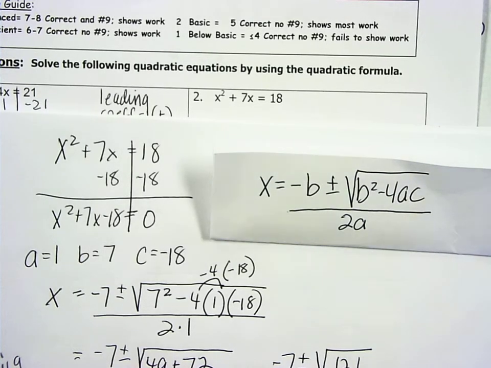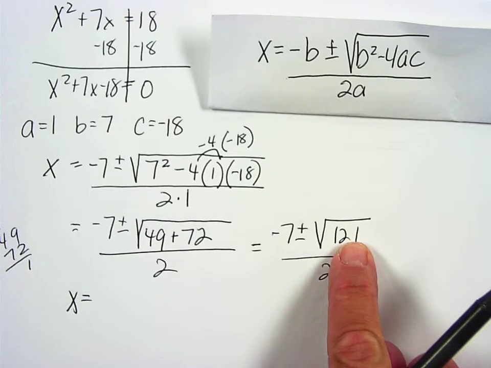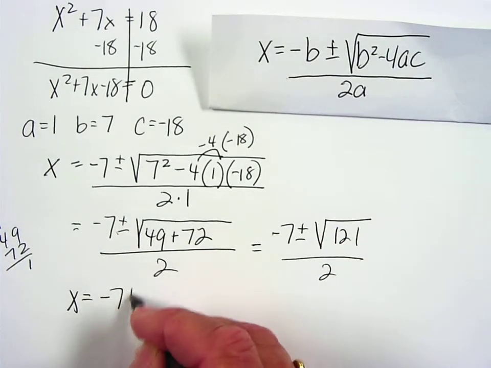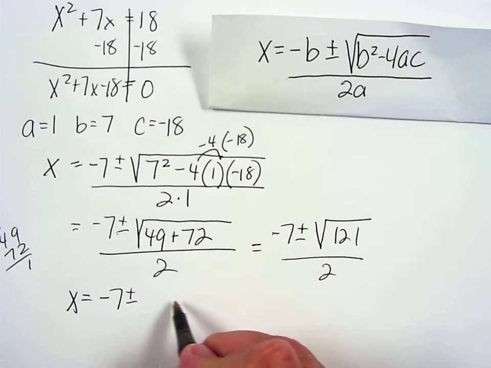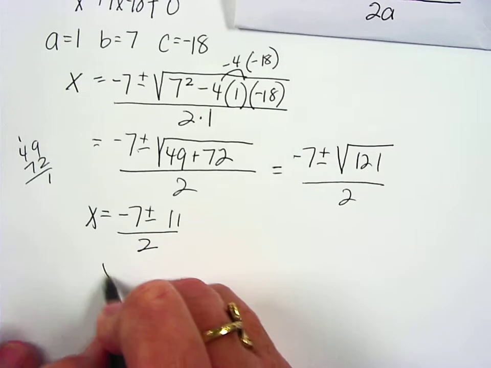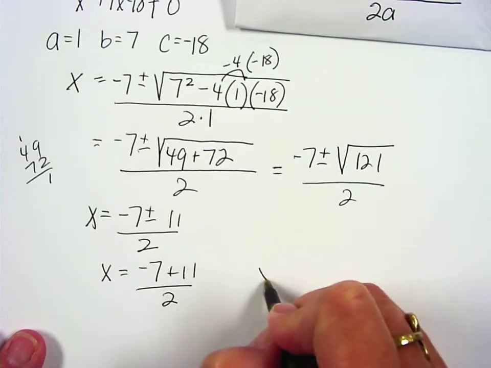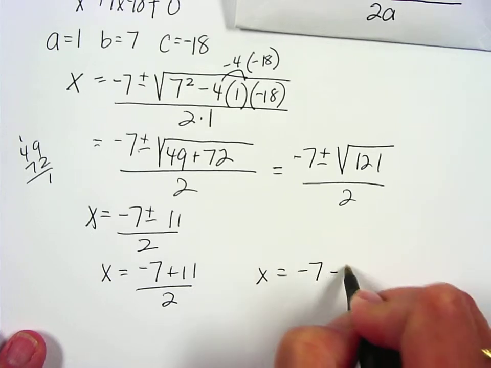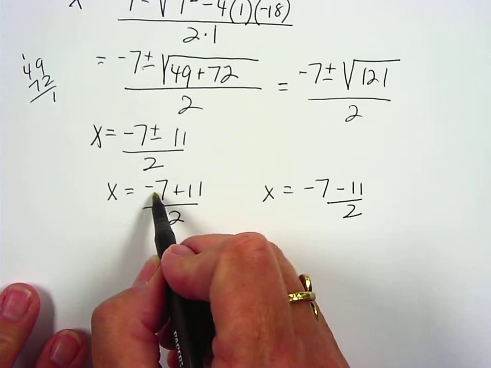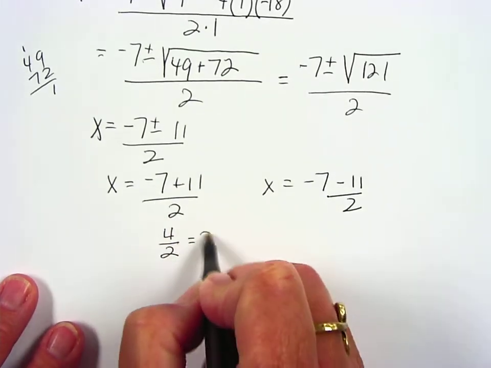So x equals, oh, positive discriminant means we're going to have two solutions again. So it's negative 7 plus or minus the square root of 121 is 11 all over 2. So my two equations are x equals negative 7 plus 11 all over 2, x equals negative 7 minus 11 all over 2.